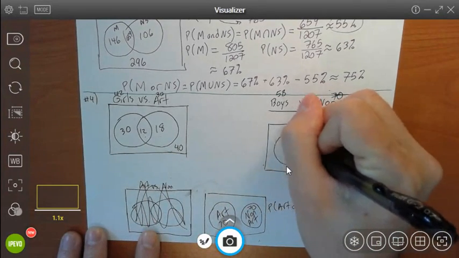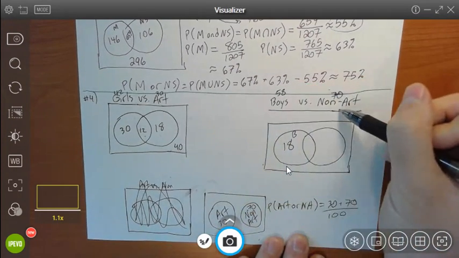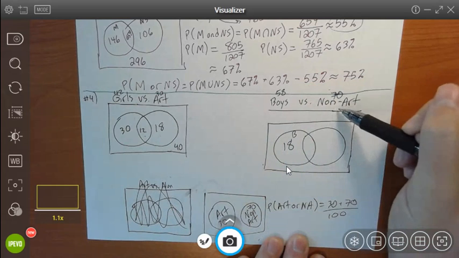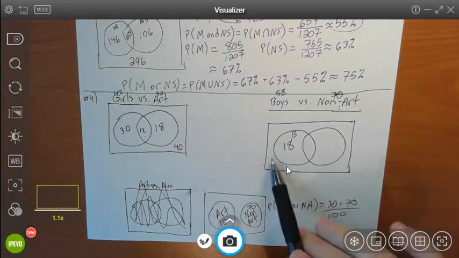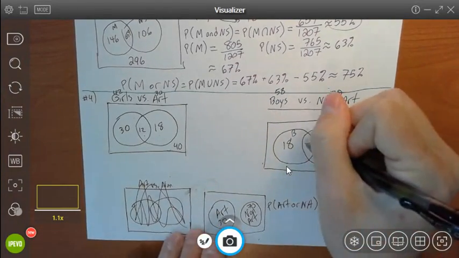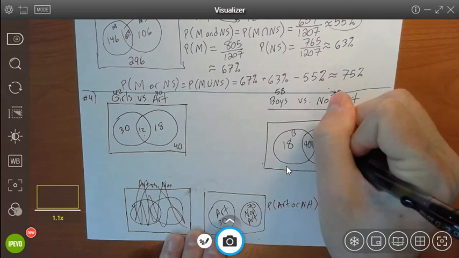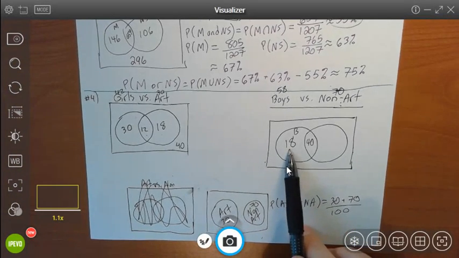So we have 18 boys that are in art, so they wouldn't be part of the non-art section. So if we have this total boys circle, 18 plus 40 would get us to 58. So we have 40 people there that are both boys and non-art, since the 18 was the boy art students.